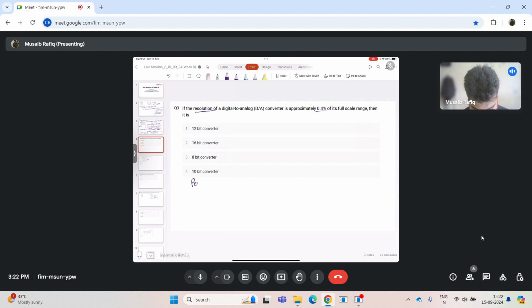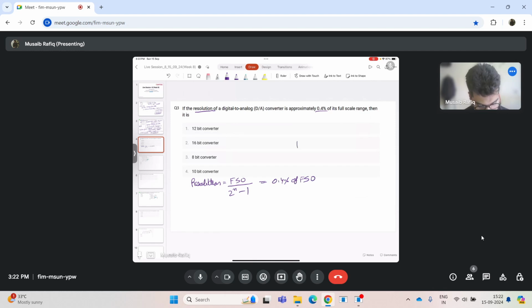First of all, the resolution is equal to the full scale output voltage divided by 2 raised to the power n minus 1, and this is equal to 0.4% of the full scale output voltage.